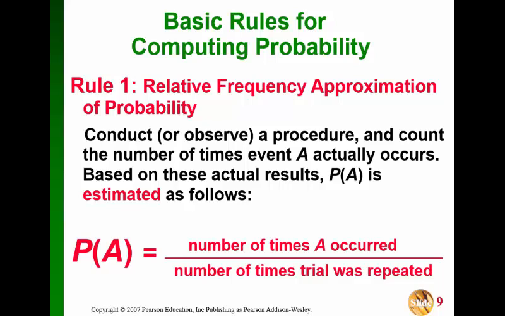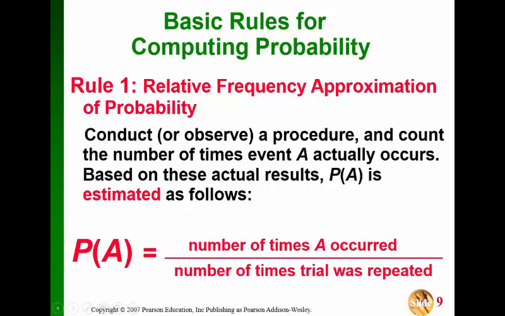And that would be our relative frequency approximation, because it's based on an experiment that we did, and we're getting the results that way. Do you want to simplify? Not necessarily. We'll talk about how to round off your probabilities a little bit later on.